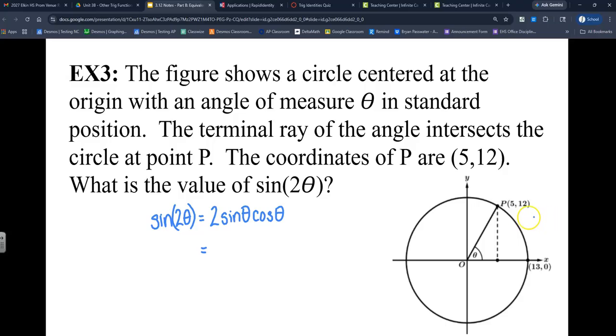We do need to know the hypotenuse of this triangle. Do we know the hypotenuse? It's not 1, because is this the unit circle? It's not the unit circle. But they have marked right here that this point is 13. So the hypotenuse of that triangle is 13.